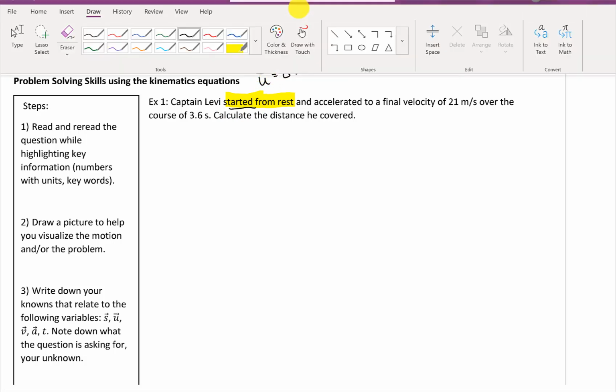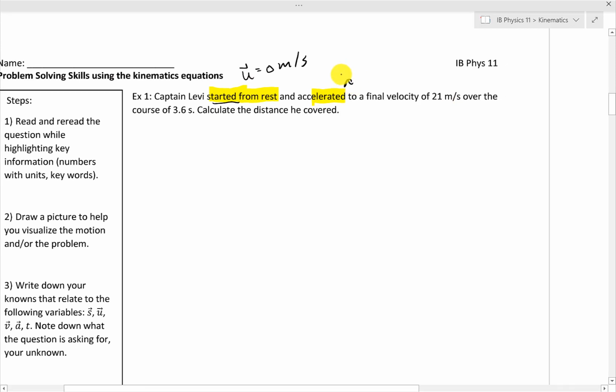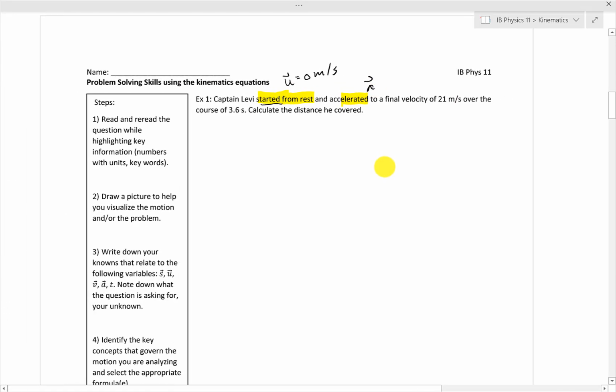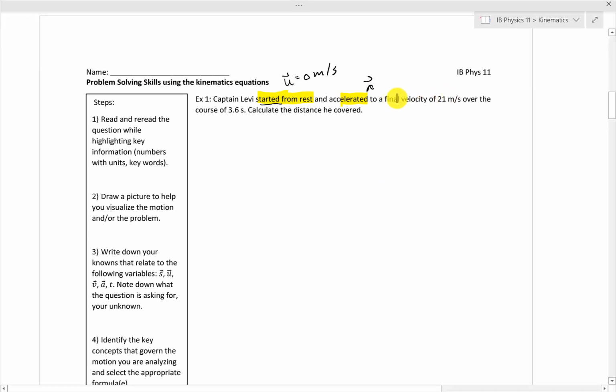Next, he is accelerating, meaning there is some sort of acceleration happening. Then he is accelerating to a final velocity of 21 meters per second over the course of 3.6 seconds.